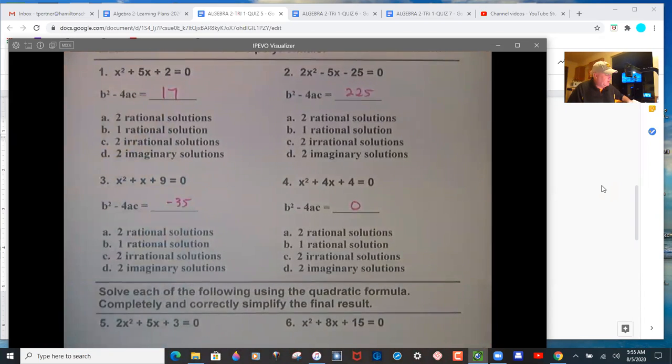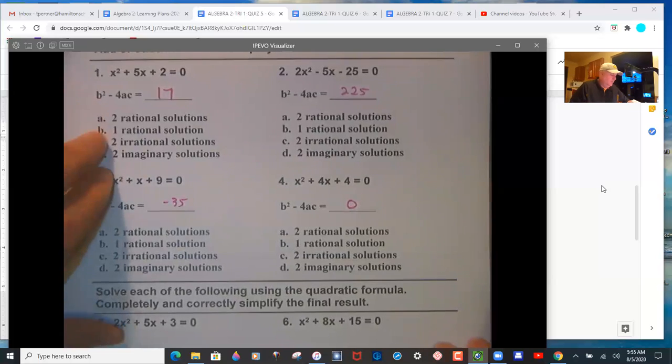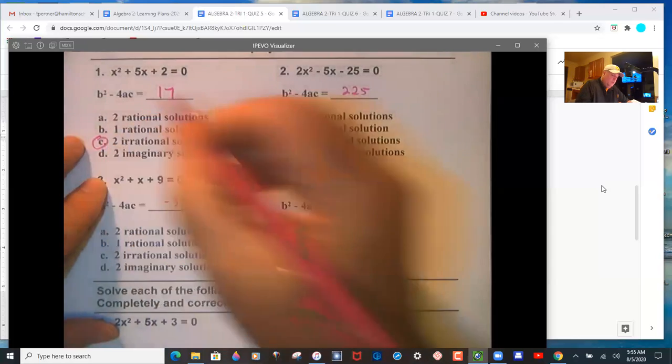So this is an irrational number, meaning that simply we cannot take the square root of it. Square root of 17 is an irrational number. So that result is going to produce the two irrational solutions.